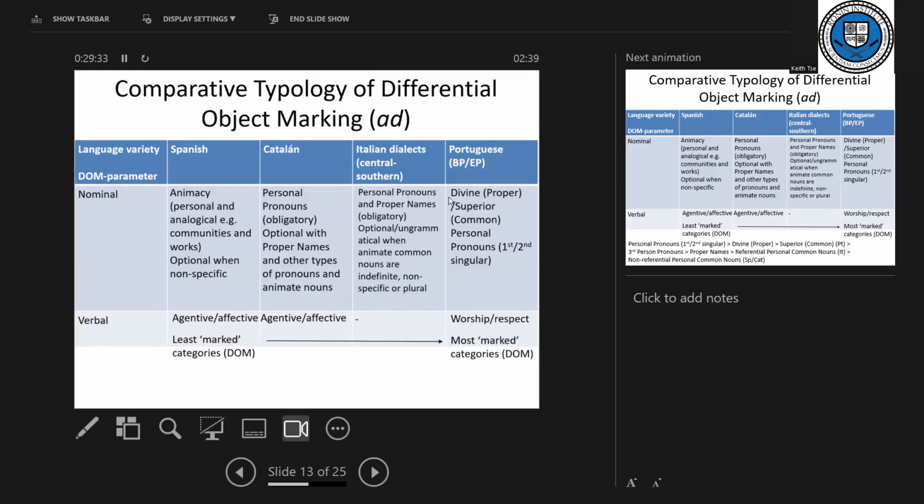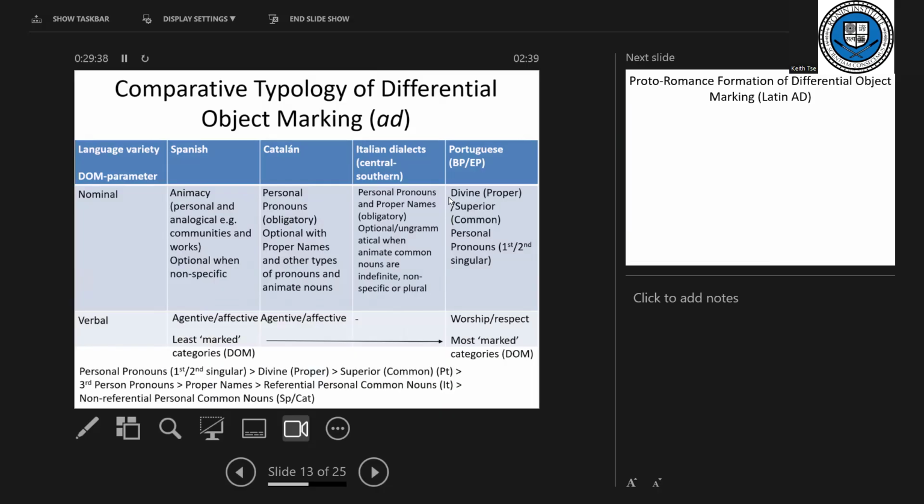So here is the variation, and this is the scale. We can form this type of subset and superset of nouns. In Portuguese: the personal pronouns, first and second singular, divine proper names, and superior common names.